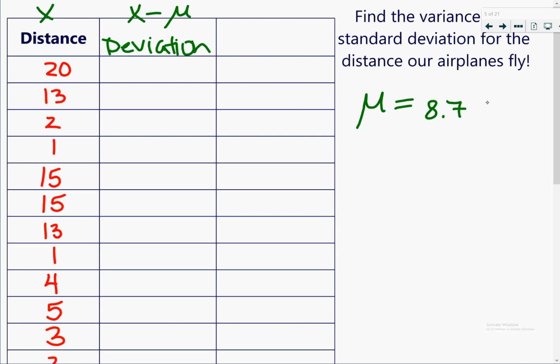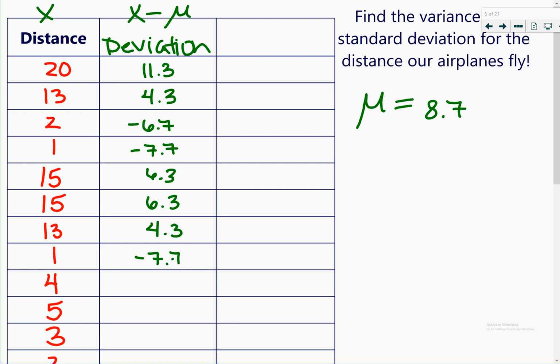20 minus 8.7, 11.3. 13 minus 8.7, 4.3. 2 minus 8.7 is a negative 6.7. Negative 7.7. 15 minus 8.7, 6.3. 6.3. 4.3.